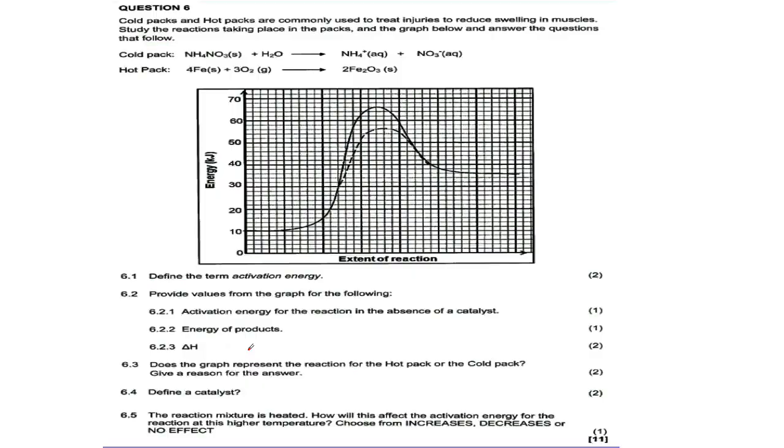Then 6.2 says provide values from the graph for the following. Then 6.2.1, activation energy for the reaction in the absence of a catalyst. So without a catalyst, right? So what do we do for this one? Now, look at the blocks here. Because we are given this, you need to find the interval that each block is representing.